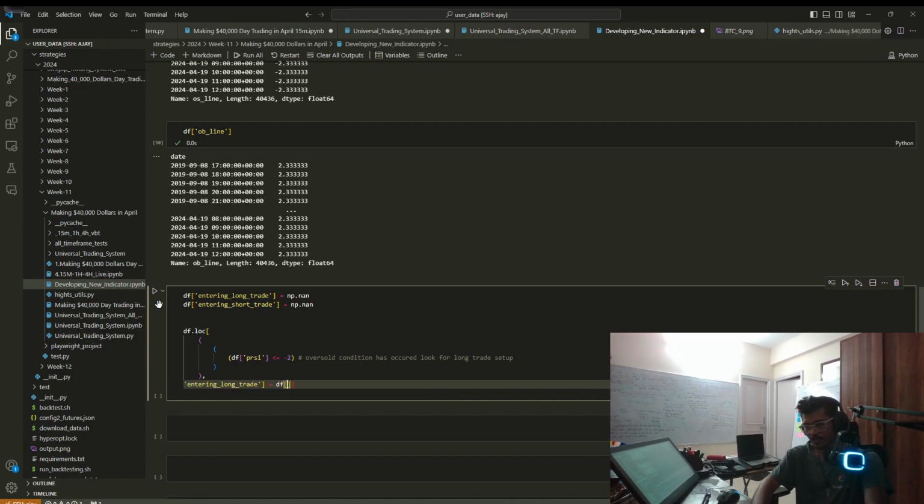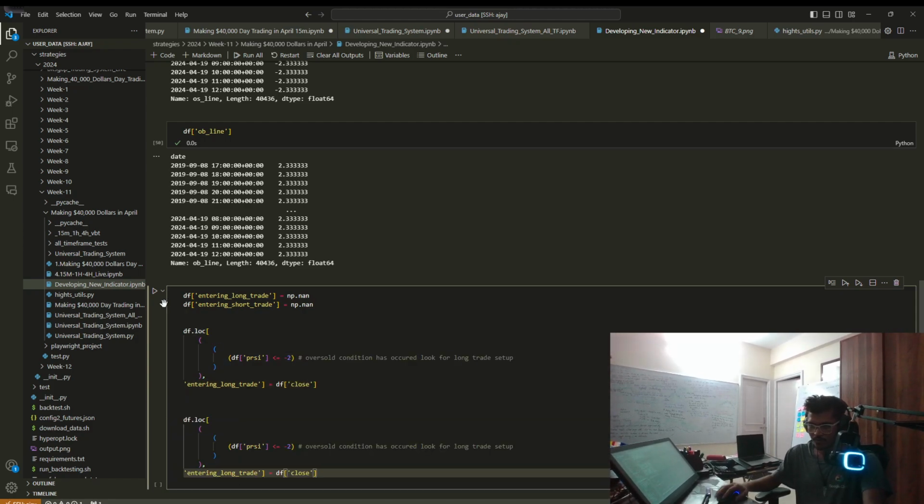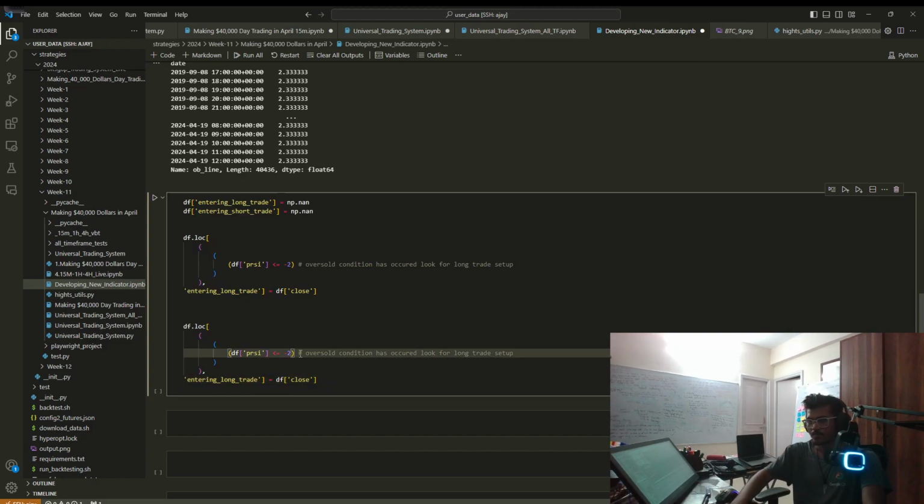Entering long trade. Entering short trade. And then here, overbought condition has occurred. Look for short trade setup. Okay.